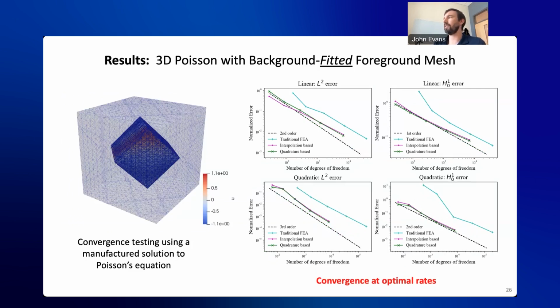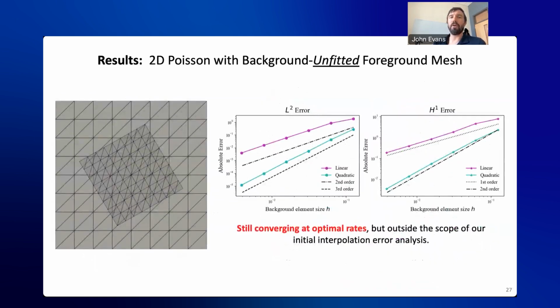And then this also extends to 3D, and you can see that in 3D, the interpolation-based and quadrature-based approaches really collapse onto each other. So here, there's a big gain to be had for a little loss with moving to interpolation-based. Now, what's remarkable is this approach also works with the background unfitted foreground mesh.